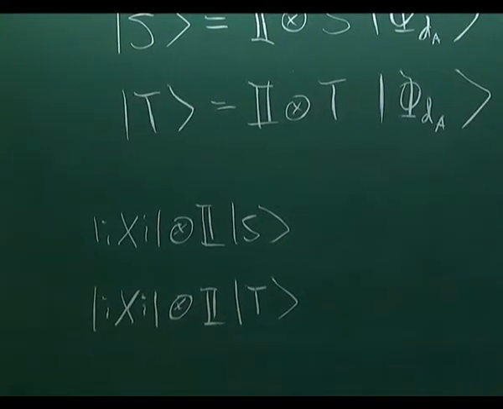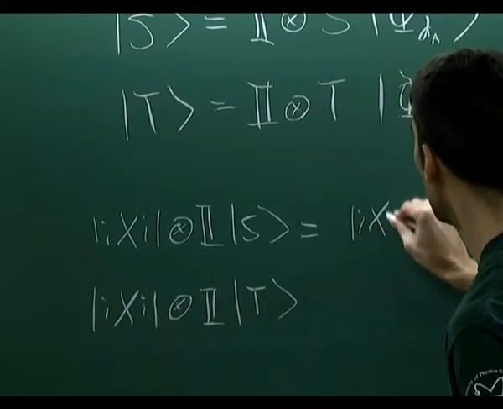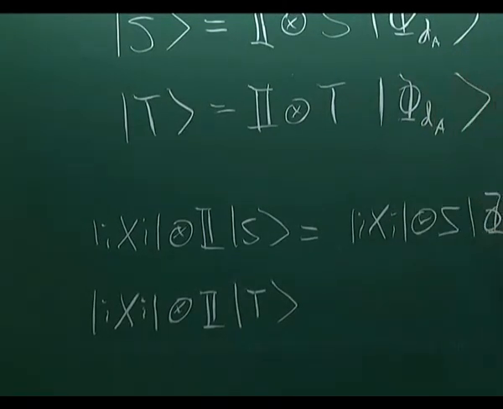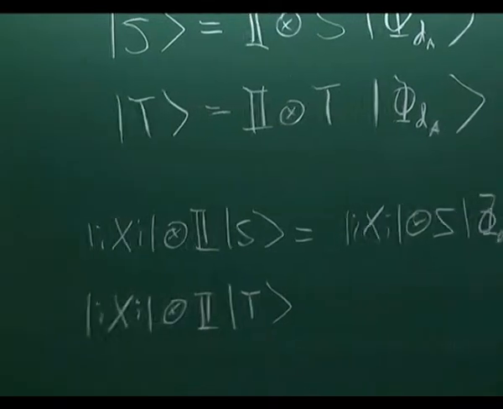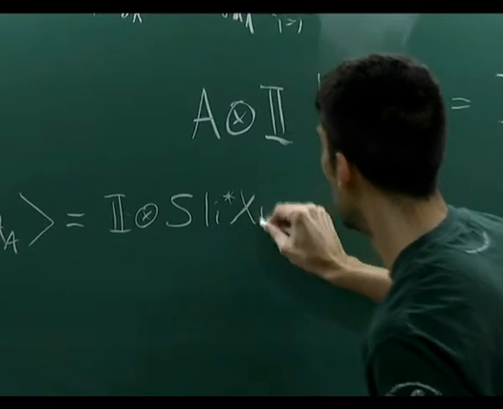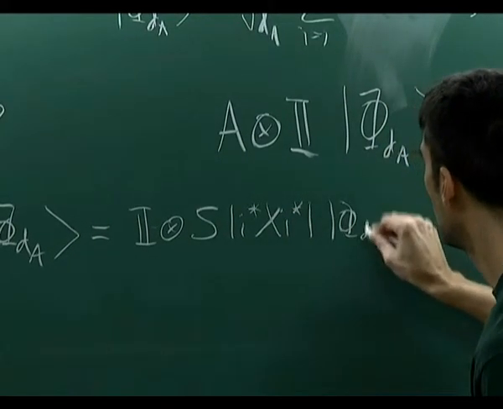All right, so let's just write this out a bit. This is equal to I S dA. And now we'll use this ping pong property. So this is then I S star.